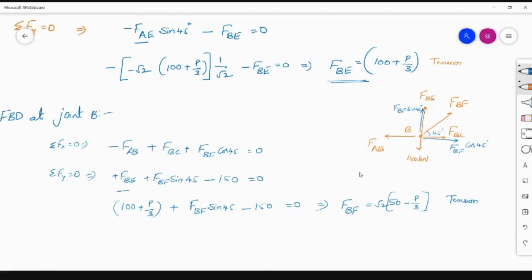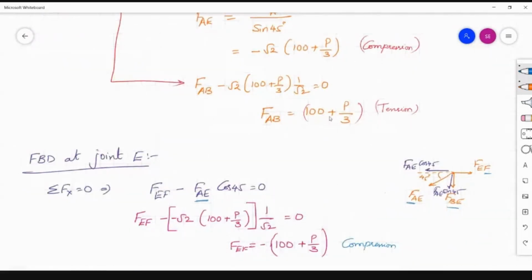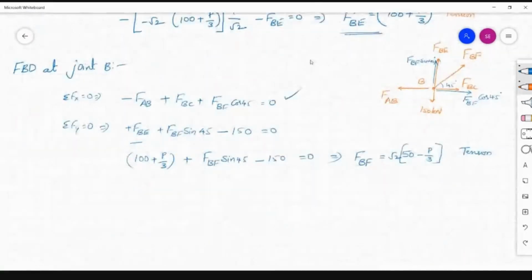So we got FBF value. Substitute this FBF value in this equation. We already know AB value. What is AB? Force in AB, just here 100 plus P by 3. Substitute there. So this is minus 100 plus P by 3 plus FBC plus root 2 into 50 minus P by 3, equal to 0. Root 2 is cancelled here. So force in BC is to be obtained.